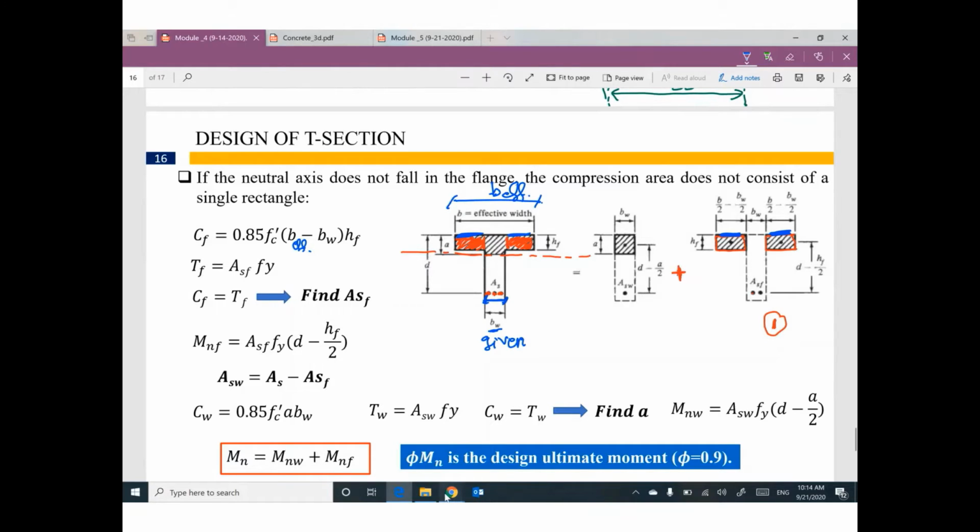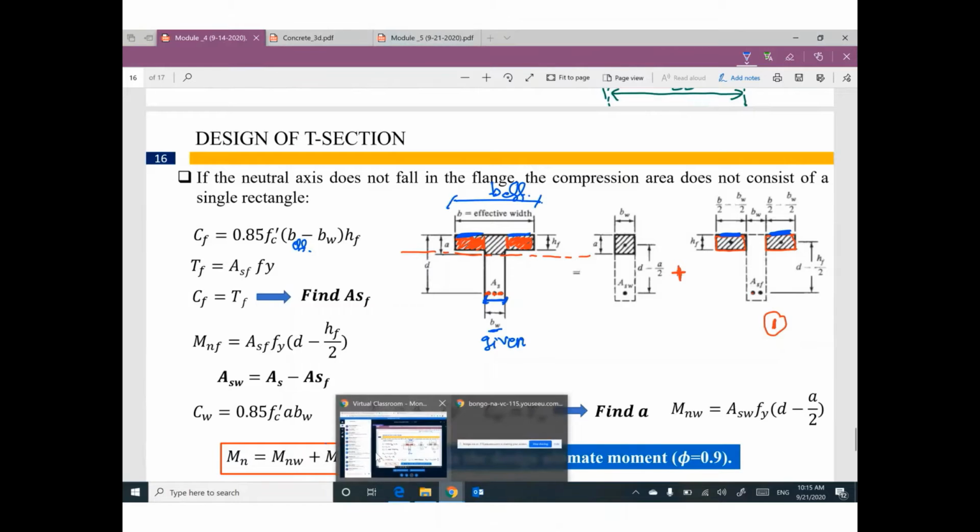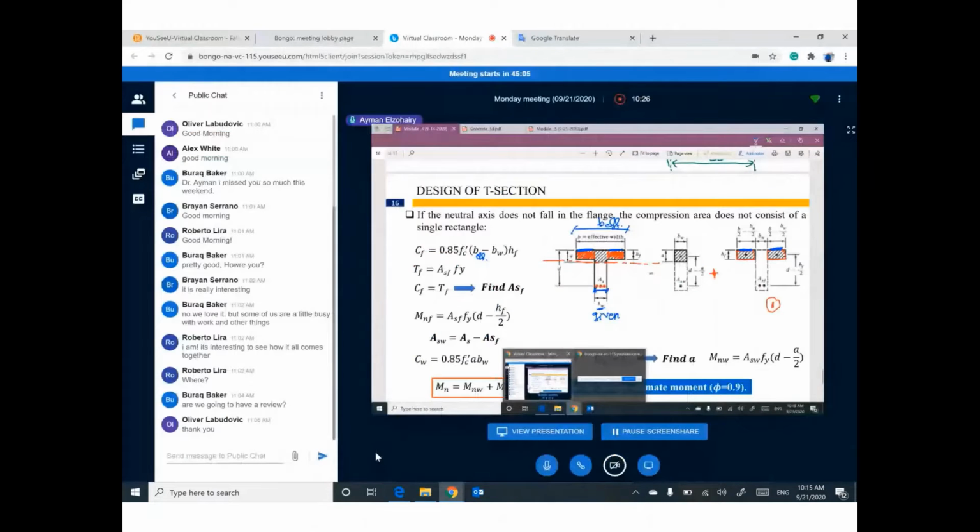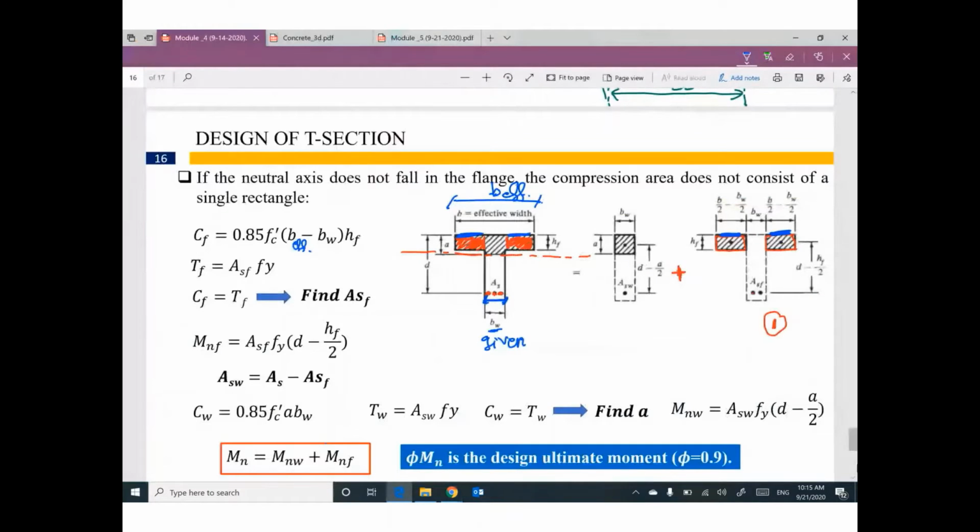Any questions so far? Okay, and we have a little bit of this area steel. This area steel will be divided to two parts. The first one, area steel flange. Here. So I'm gonna assume we have tension and we have compression.